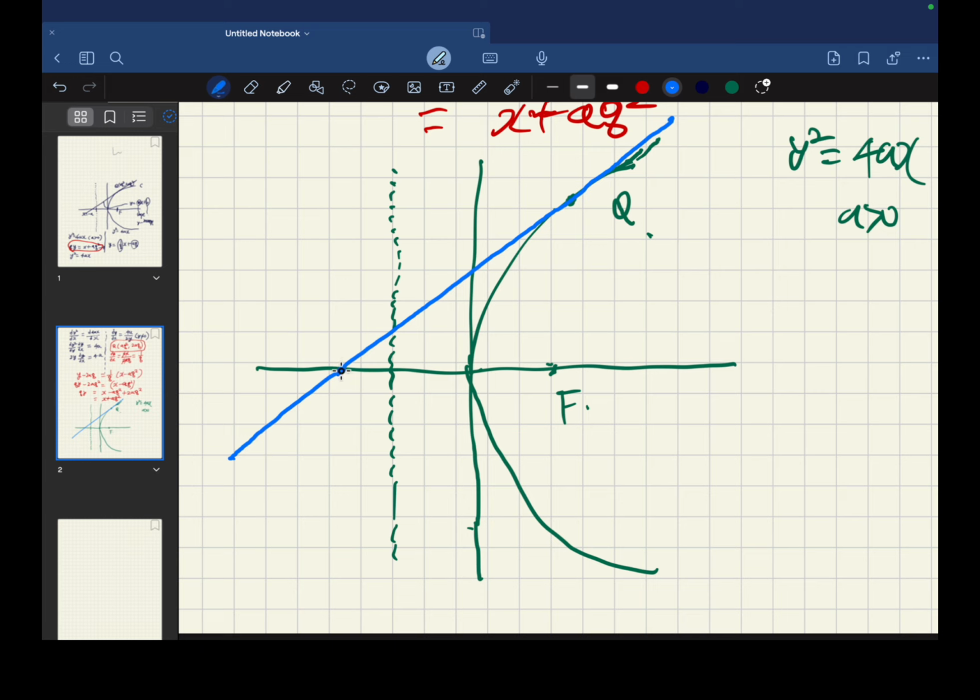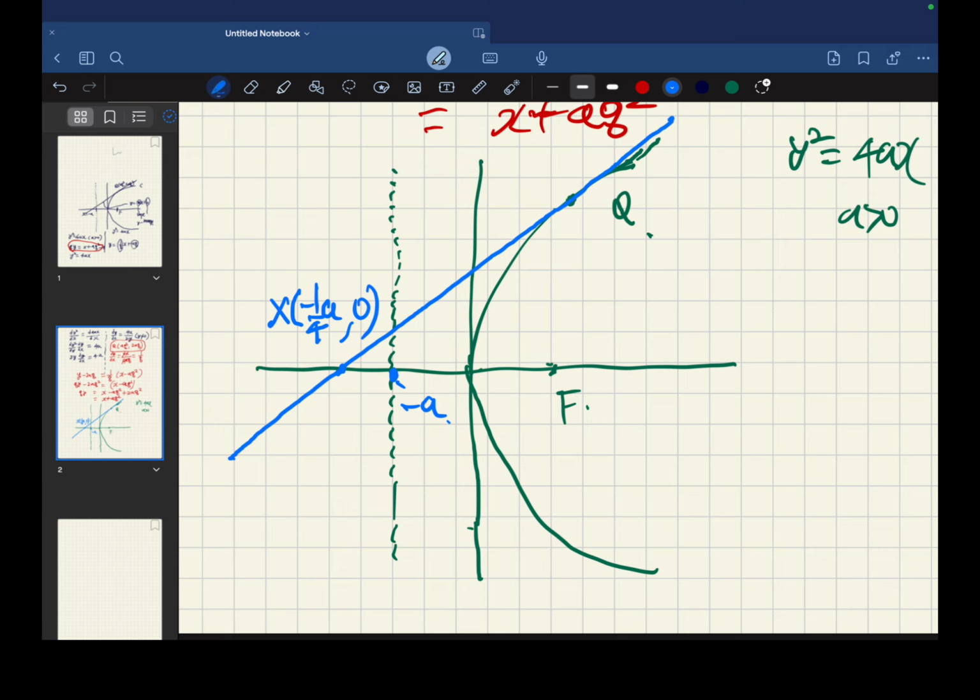Then the x-intercept would be minus a over 4, 0, but graphically this doesn't make sense, because this would be minus a, and this should be much less. So the point X should be on the right side of the directrix, but it's on the left side of it.